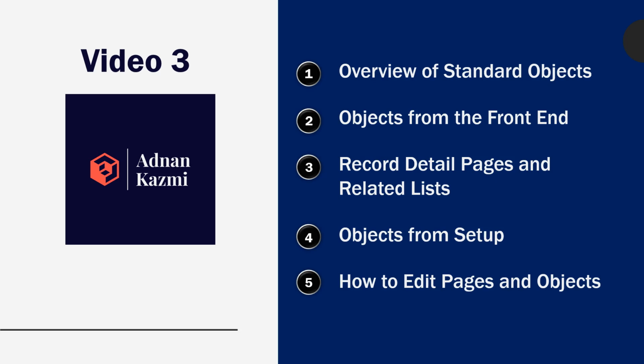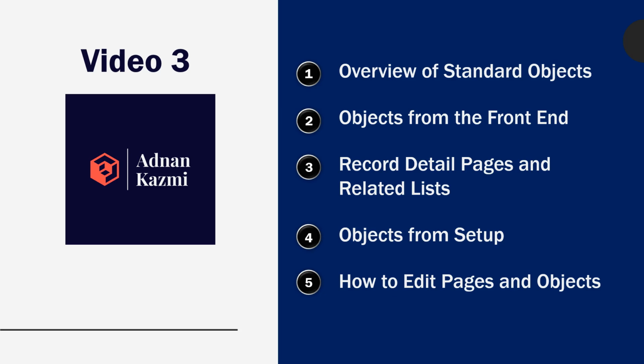First, let's talk about standard objects. What is a standard object? In Salesforce, standard objects are the pre-built objects that come out of the box with every Salesforce instance. These objects are designed to support different standard business processes, and you can configure these objects in line with your own business requirements.